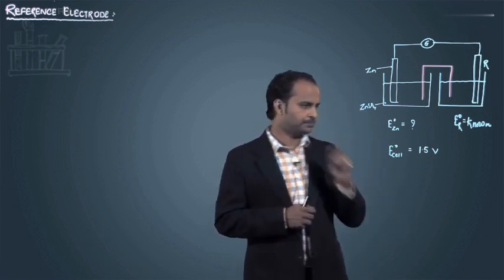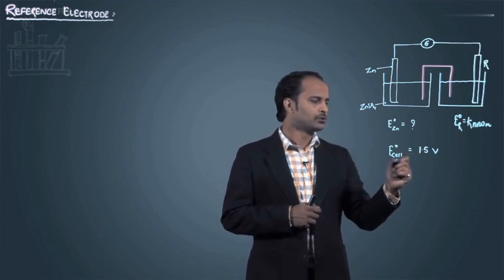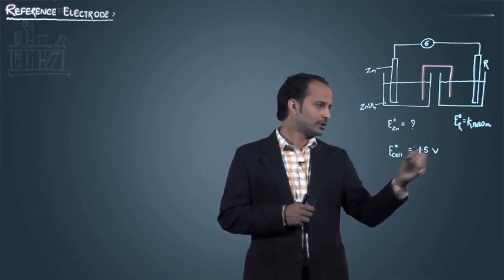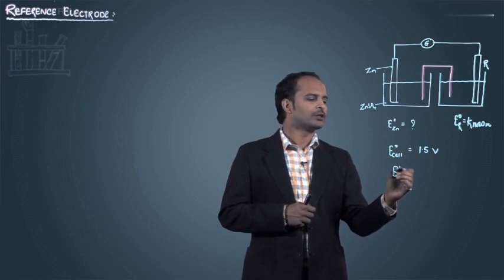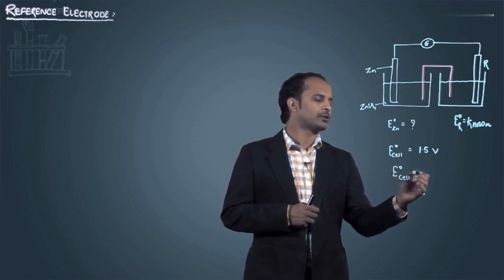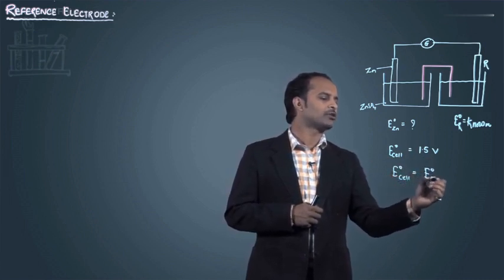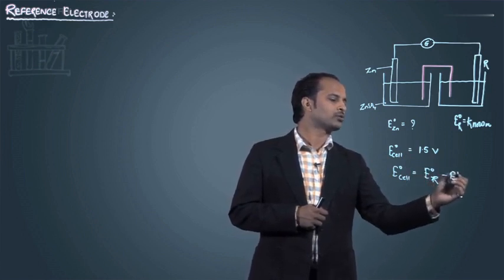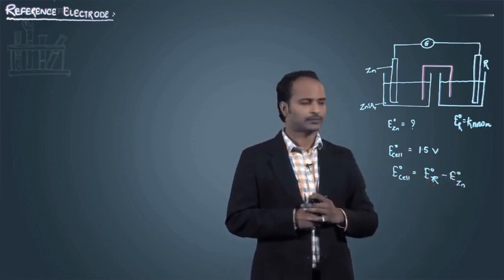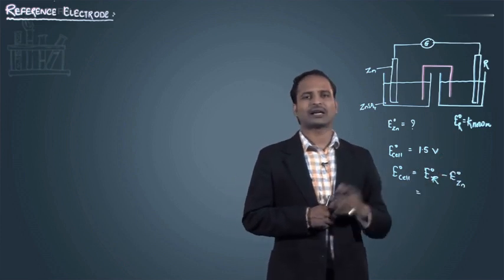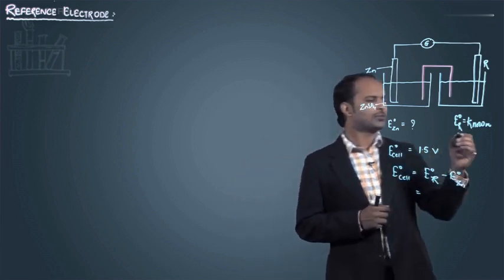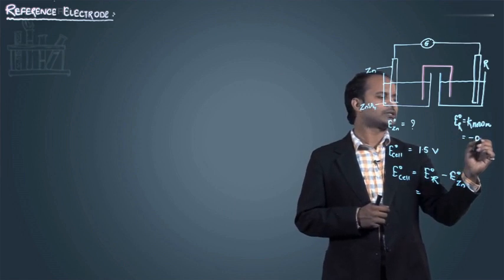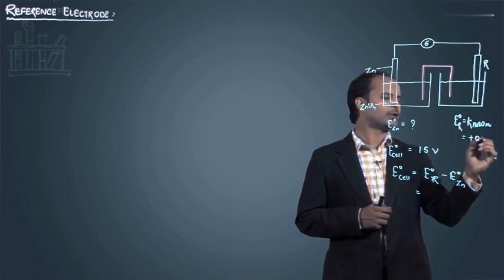Now, if I make a formula for the cell, E0 cell is equal to E0 of cathode minus E0 of anode. Let R be the cathode and zinc the anode. As I said, the R value is known to me. Let it be plus 0.82.